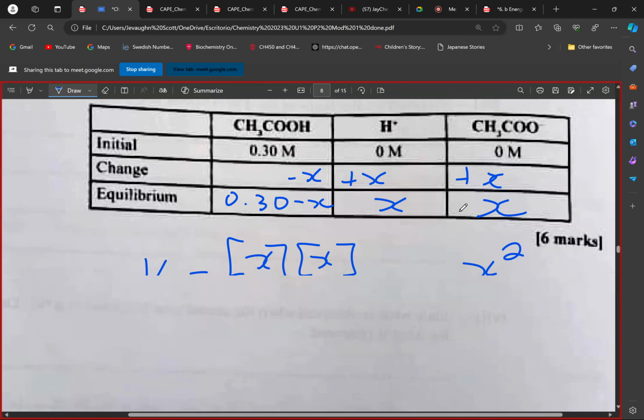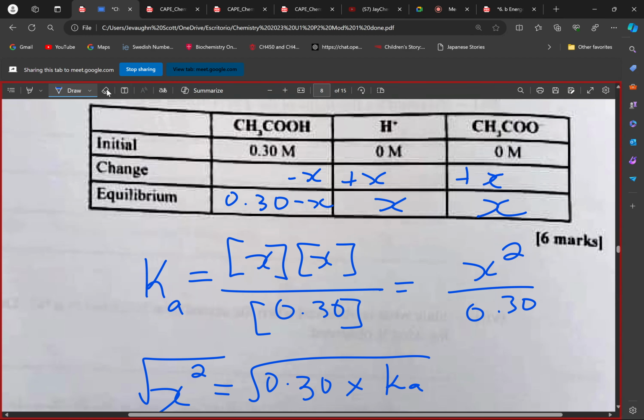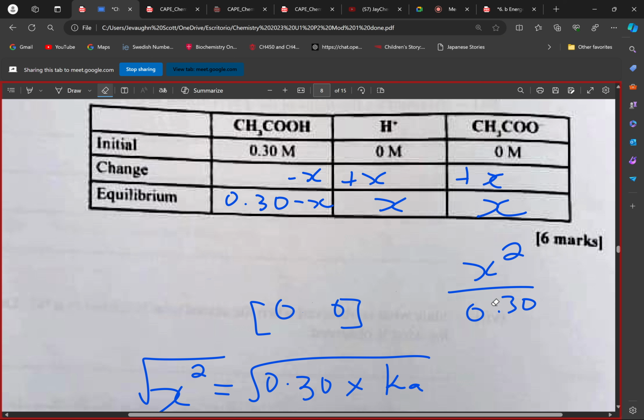Sir, how are you only getting 1x if you're getting 2 products? Okay, so we're getting 1x if we're getting 2 products because from one product, the one product would produce 2 products. What we're doing is splitting our acid.